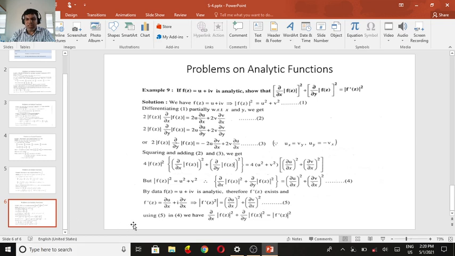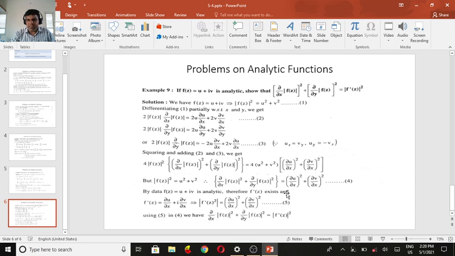Now I am comparing 4 and 5. Observe equations 4 and 5.